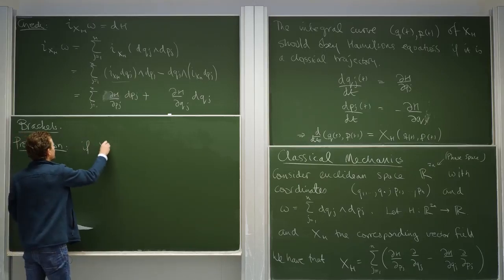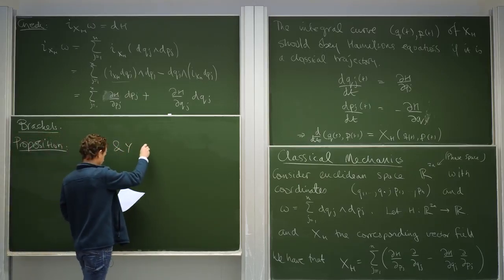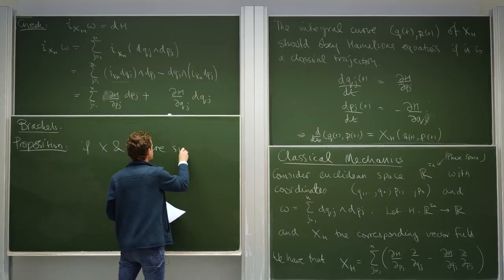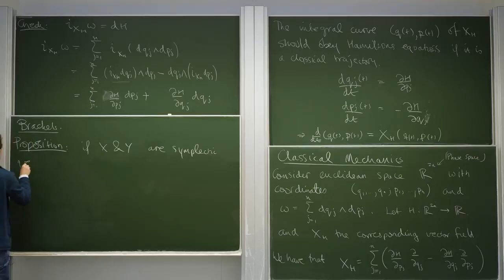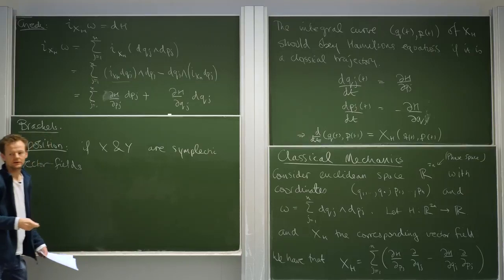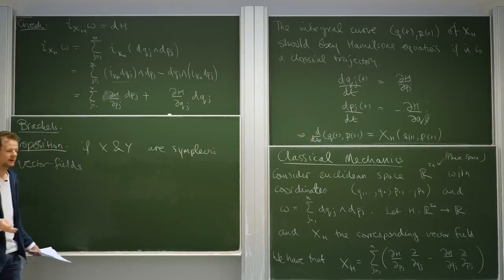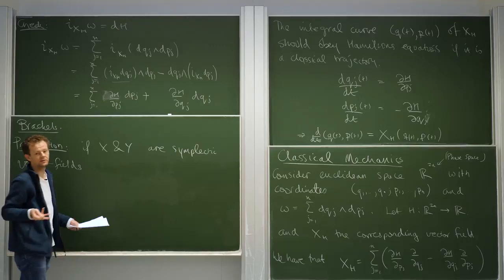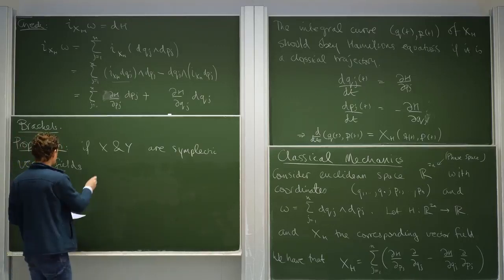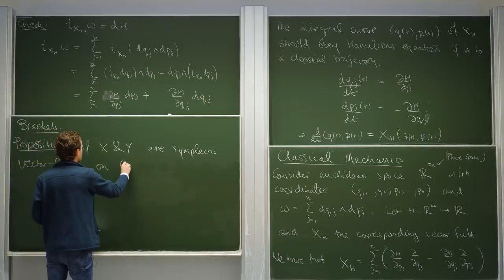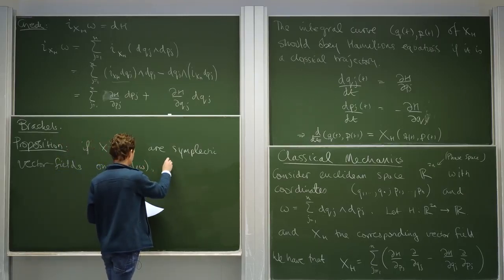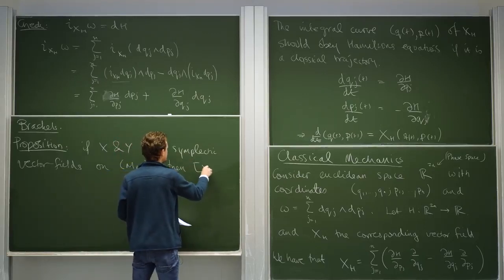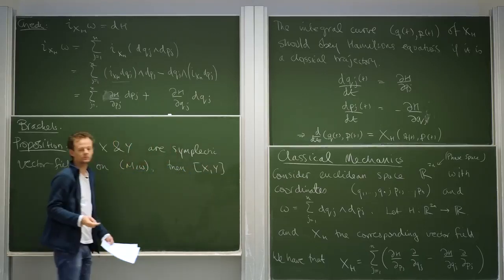So if you have two symplectic vector fields, then we had this operation called the Lie bracket, right? That allows us to build from two vector fields a third vector field. And here it is. So there's our third vector field, the bracket of x and y.